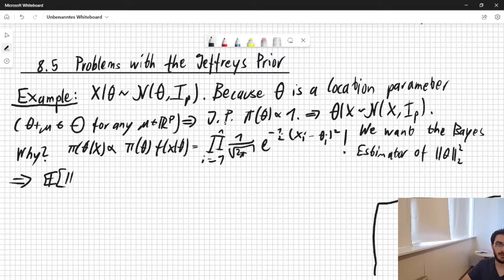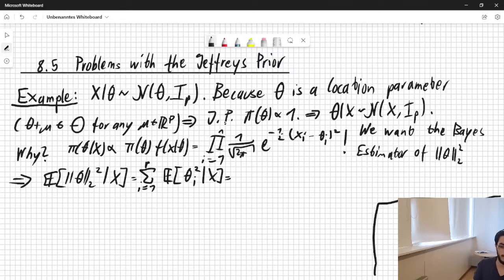It's a couple of videos ago, but if you remember it, the expectation of the length of theta squared given x is quite easy, because we can pull the sum out: the sum of the expectation of theta i squared given x.